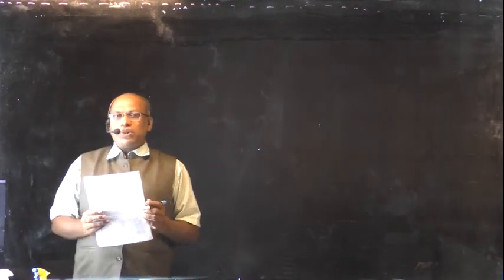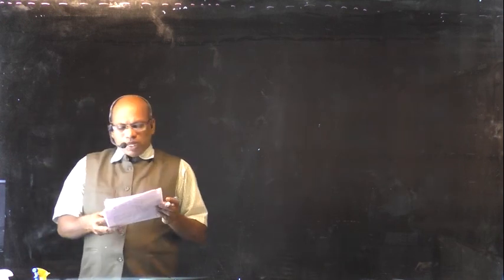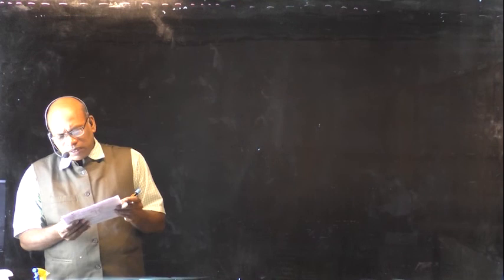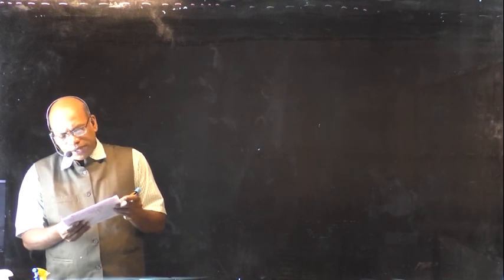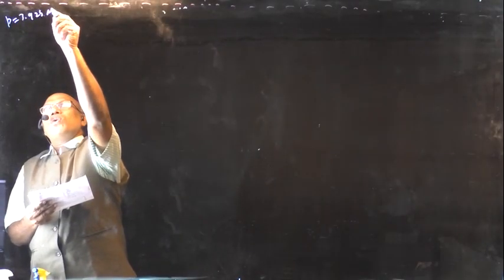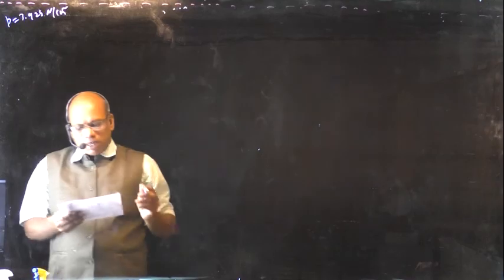Right, now we are going to solve one more problem related to pressure calculations. Please note down: the pressure intensity at a point in a fluid is given as 3.924 Newton per cm square.